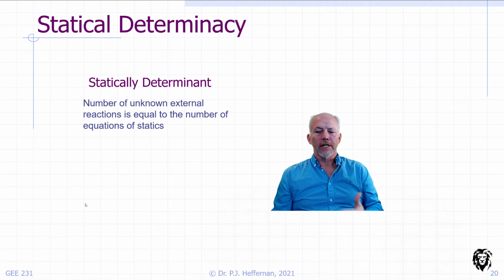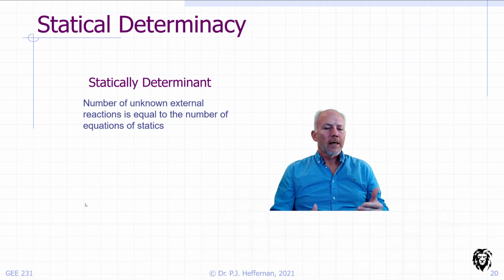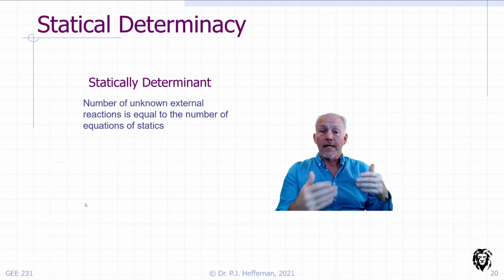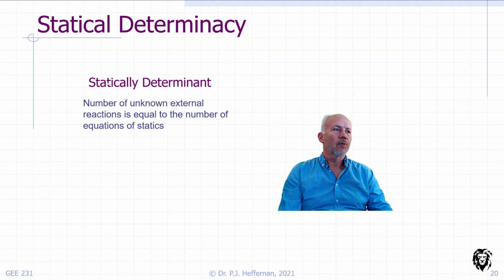So we had just finished our free body diagram where we had taken a beam, done the free body diagram for it, and then resolved it to come up with our reactions at the supports. And so the next logical thing for us to discuss is whether our structure itself has adequate supports to carry the load.